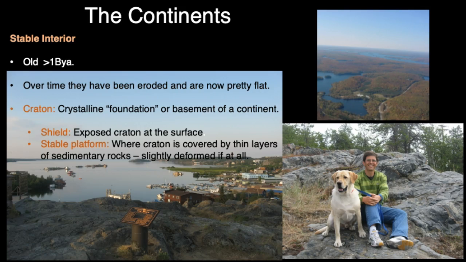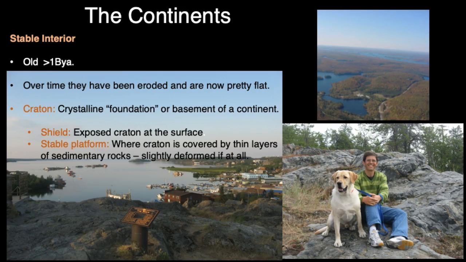Okay, another part of the continent, so again we had two main subdivisions within them as well, one being the mountain ranges and then the other one being this stable kind of flat interior. So the stable interior of the continents, which we also call cratons, have been relatively stable and unchanged or undeformed for greater than 600 million years or even longer.